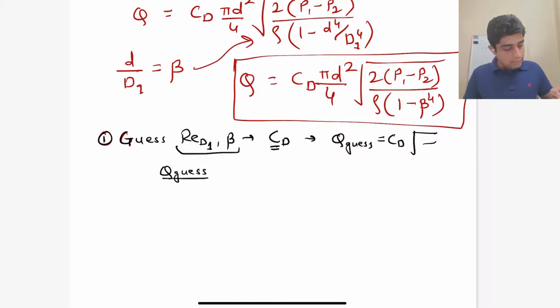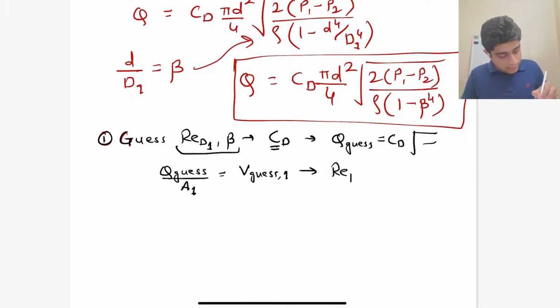Now from this guessed flow rate, you can find out the velocity at the downstream by just dividing this with the area downstream. So this gives us a guess velocity downstream, and here you can again find out the Reynolds number downstream, which is basically rho times diameter and the guessed velocity.